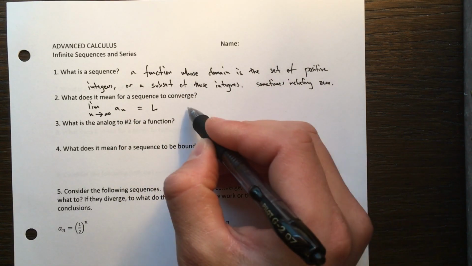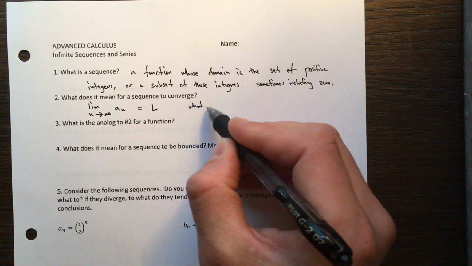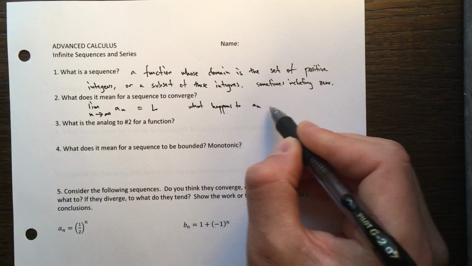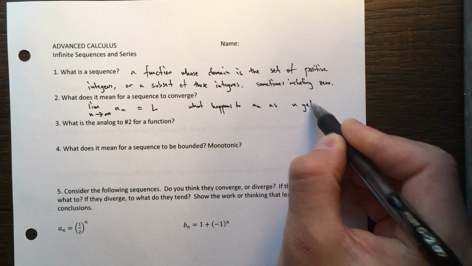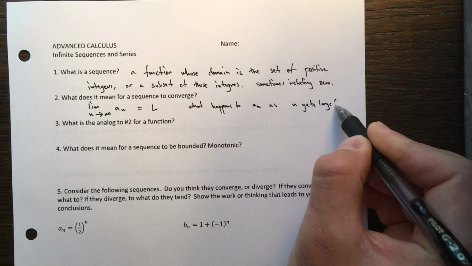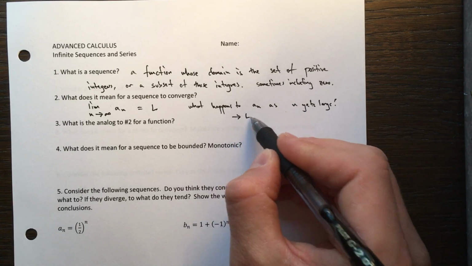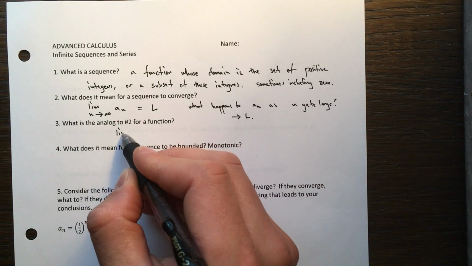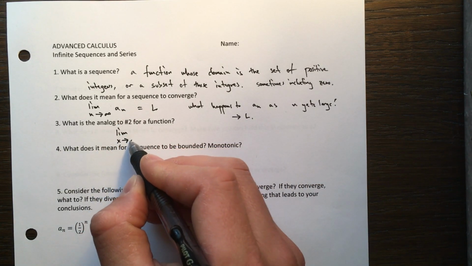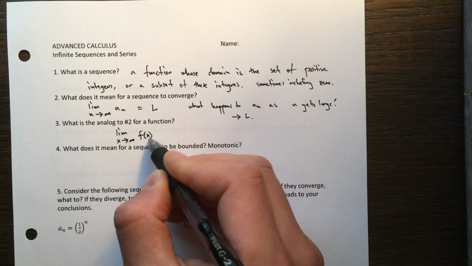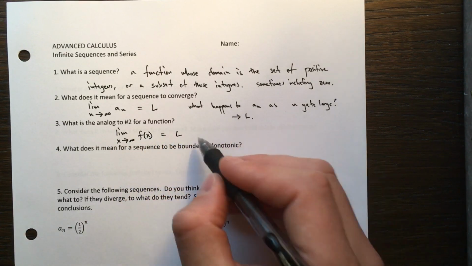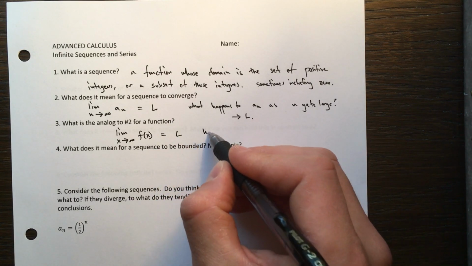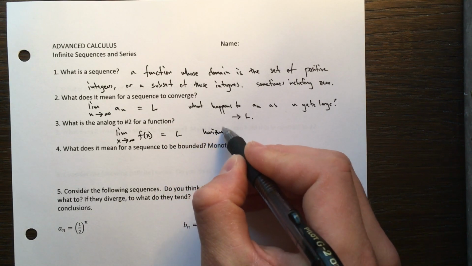We are looking at what happens to a sub n as n gets large. And to converge, it must approach some number L. The analog to this for a function would be end behavior: the limit as x approaches infinity of f of x equals L. In order to converge, you need to approach a horizontal asymptote.